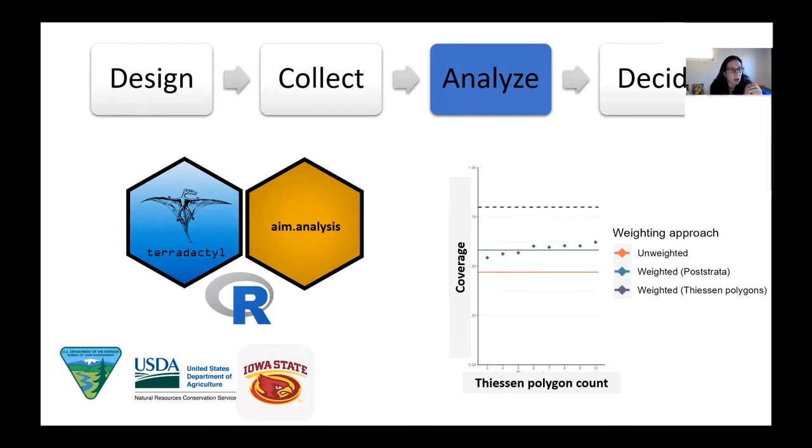And so Nelson and I have been playing around in collaboration with Iowa State on a new statistical approach that would basically be a very simple model-driven analysis estimator that uses Thiessen polygons to understand differences in density across the landscape that will allow us to make landscape scale estimations of the proportion of landscape in different conditions. And so far, the results are promising.